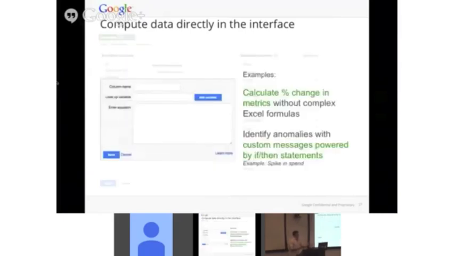The other really cool feature about DoubleClick search is you can actually compute data directly in the interface without having to export and just mess around with Excel, right? If you want to add new columns, you just add a column name, the lookup variable, and enter whatever calculation you want to do. If you want to divide a column by another column, you can do that immediately, and it'll be in your interface, right?